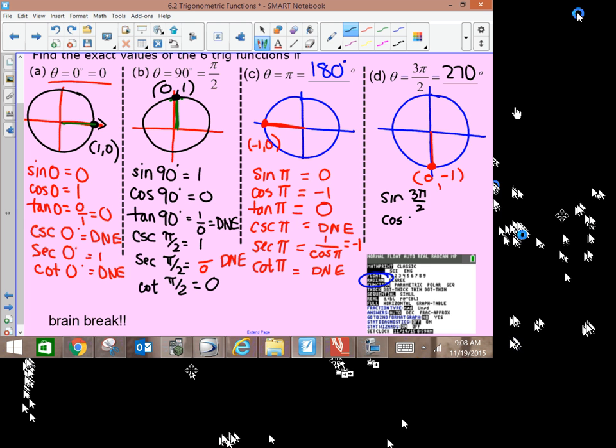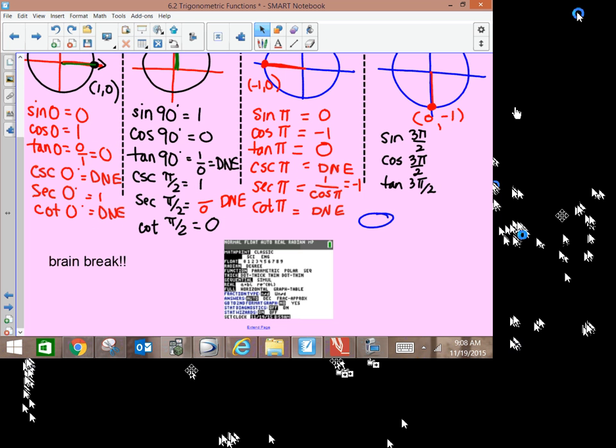I'm just trying to get used to looking at these radians. Tangent of 3 pi over 2. And then we do cosecants. Get in the habit of writing them the same way. That's how you remember them. We'll talk when you're writing secant of 3 pi over 2 and cotangents.